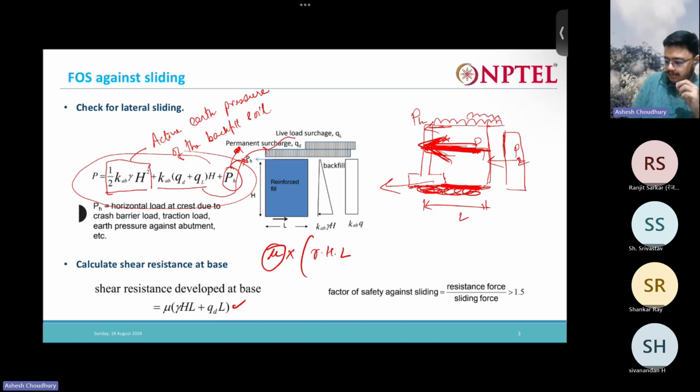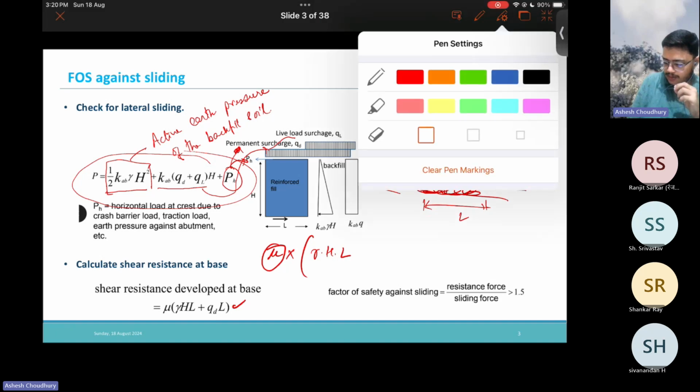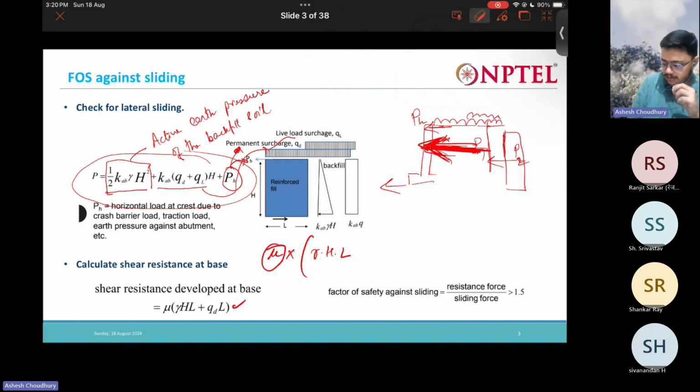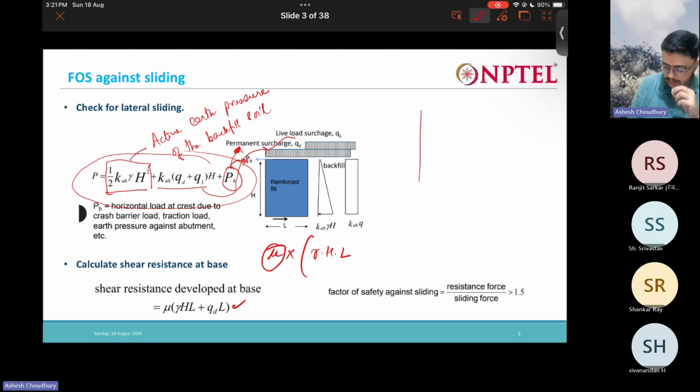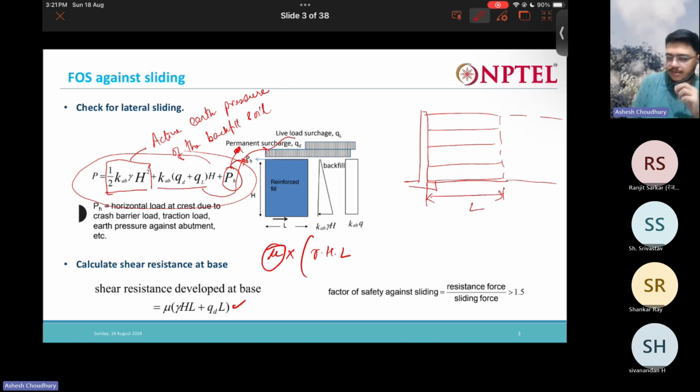Let me draw it properly. So this length of the reinforced block is l.